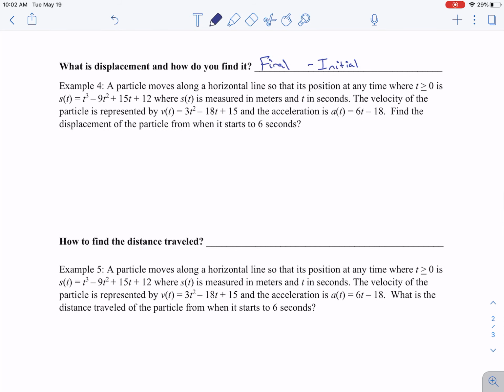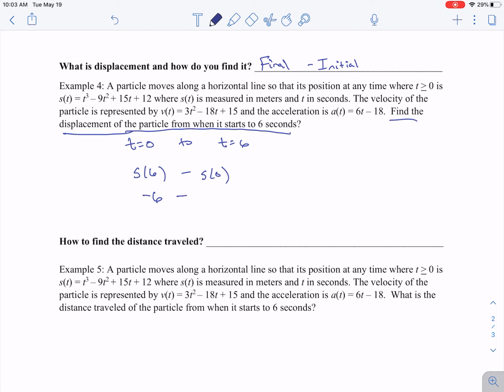Okay? So same prompt here. Let's find the displacement from when it starts to 6 seconds. So we're going from t equals 0 to t equals 6. All we're going to do here is s of 6 minus s of 0. If you want to find out s of 6, just plug in a 6 into that equation, and you're going to get -6.